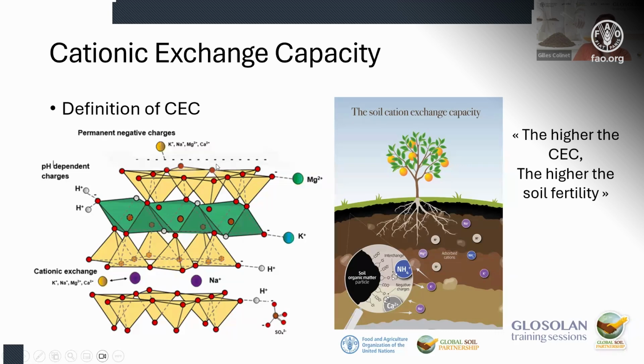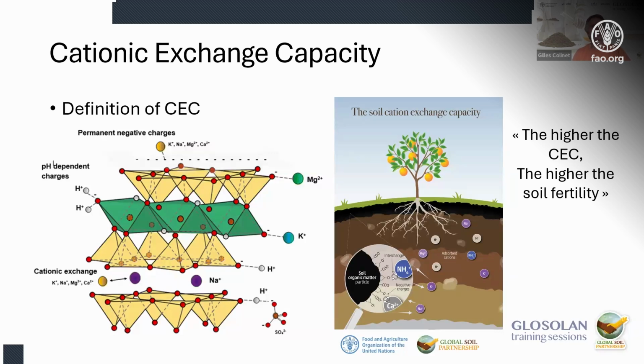In the tetrahedral, the ion at the center is silicon, which usually has a charge of 4 plus, and there may be some replacement, called isomorphic replacement, where the Si 4 plus is replaced, for example, by aluminium Al 3 plus.